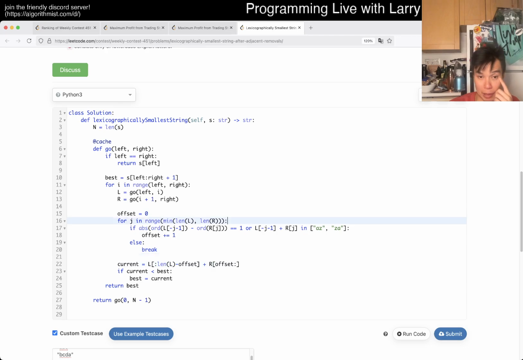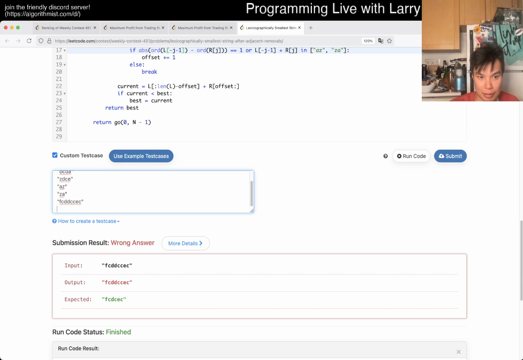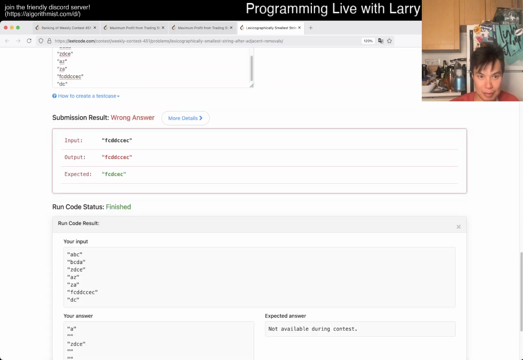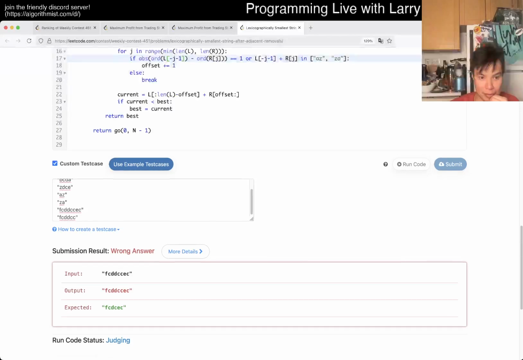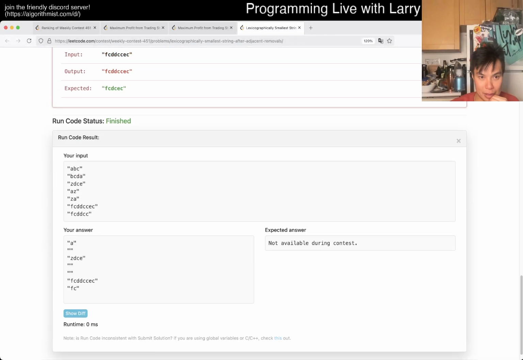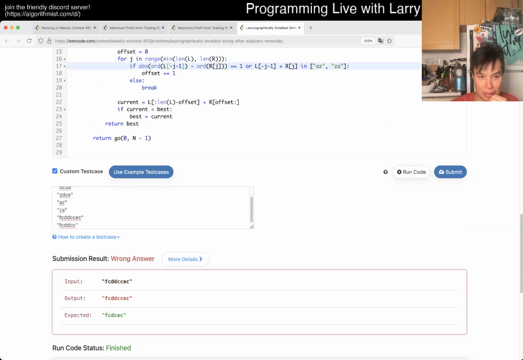I mean, maybe it's just some typo, off by 1 or something. But, like, we do DC, is that wrong? No, right? So why is this wrong? CDDC, okay. Oh, then CE. That's a crazy one, actually.